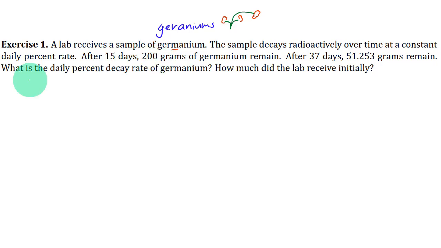And we're going to use the formula f of t equals A times b to the t minus t0. And the t0 is like the 15, and the A is going to be the 200. So the formula is going to be in the form 200 times b to the power t minus 15.